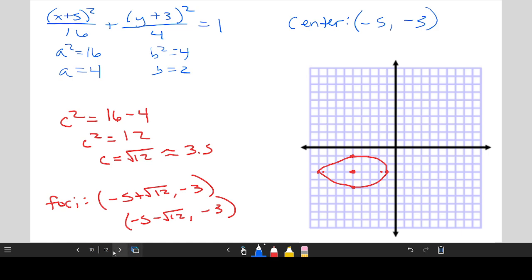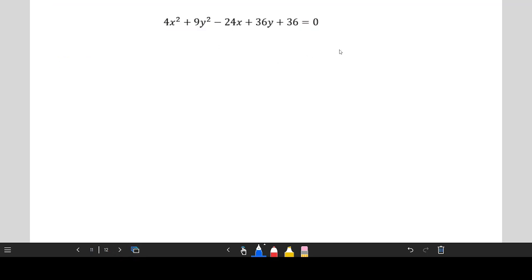All right, let's do another example where we need to complete the square. So we're going to start by getting the constant term out of the way. And we're going to reorder the terms so the x terms are together and the y terms are together.